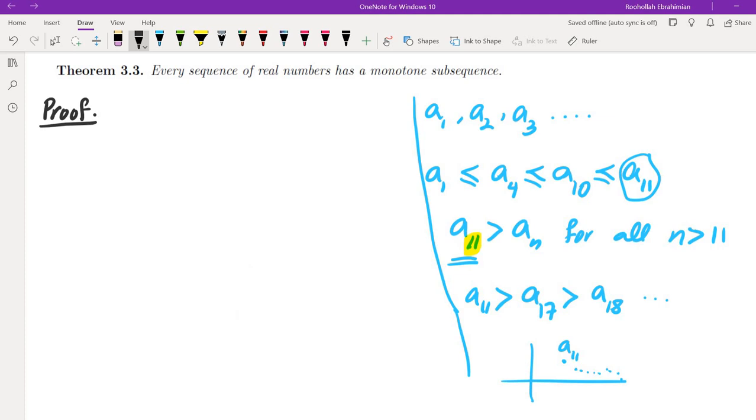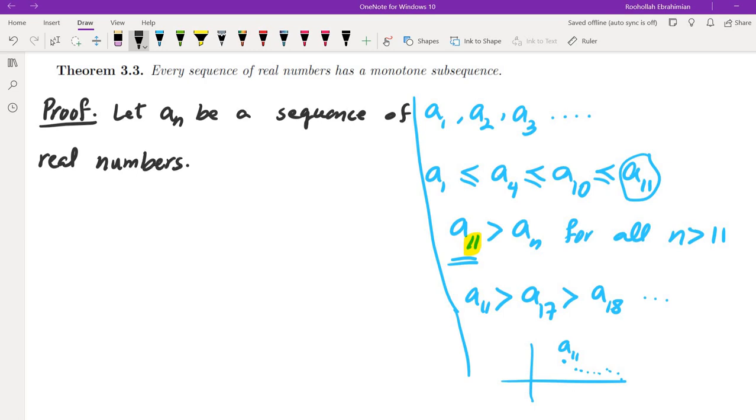Okay, let me first start with naming the sequence. So let a_n be a sequence. So that's the first step. A term or an index, sometimes they call it peak indices.